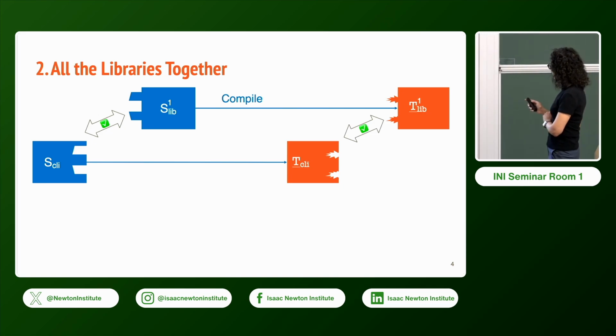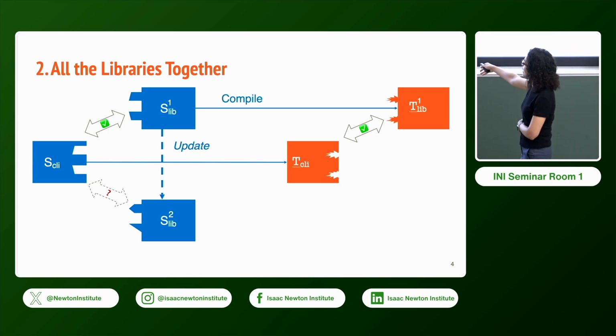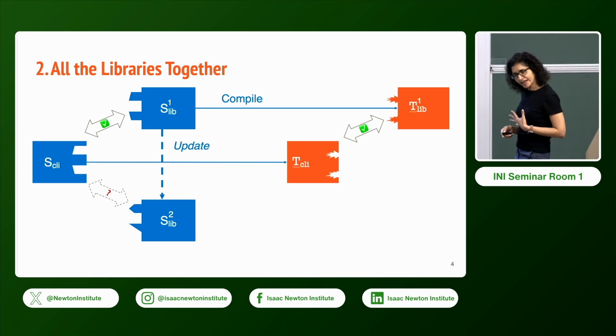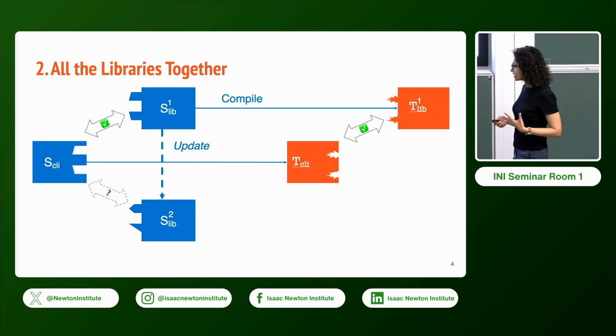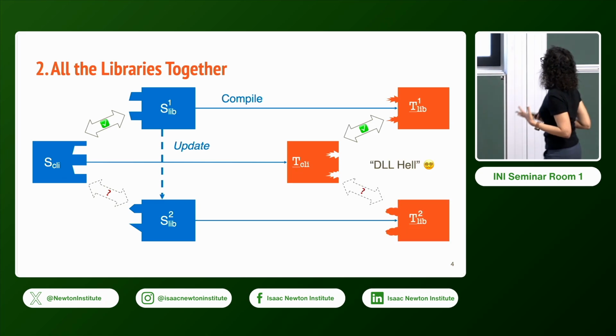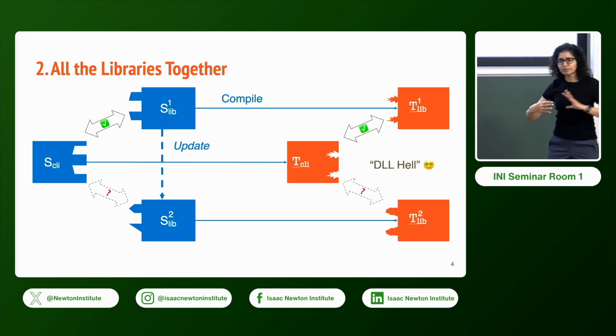Everything is good. But sometime in the future, suppose that the library developers decide to publish an update on this library, producing this version 2. So how do I know that this is still okay? And this is also something that we can use ABIs for in order to answer that question, because I really need to know, is the library doing basically the same thing?